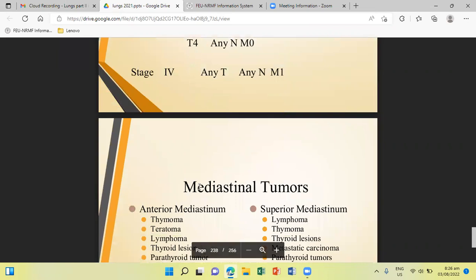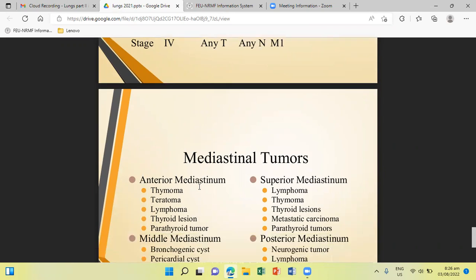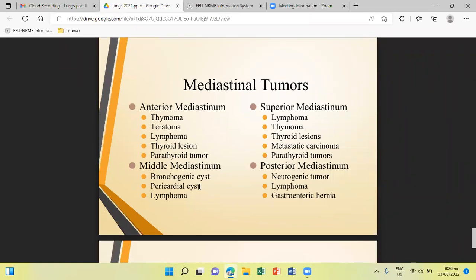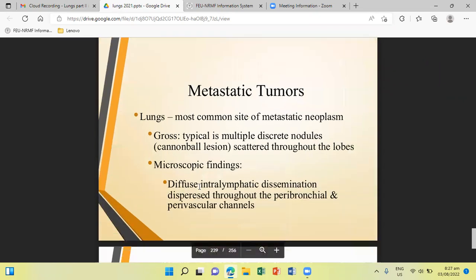Okay. So we are now on the mediastinal tumors, and what do I want you to remember here? Mediastinal tumors, very important to diagnose. You have to know the location: anterior, superior, middle, posterior. Because like in any other organ, they will actually appear the same. Another one is metastatic tumor.